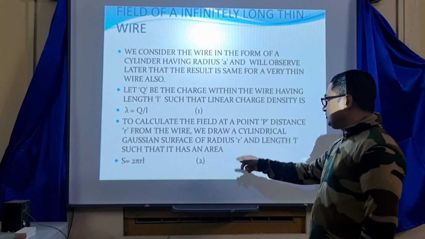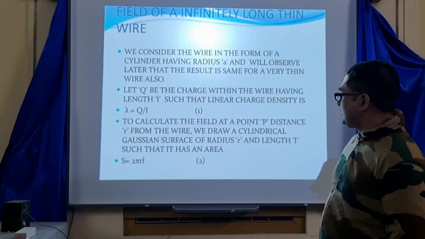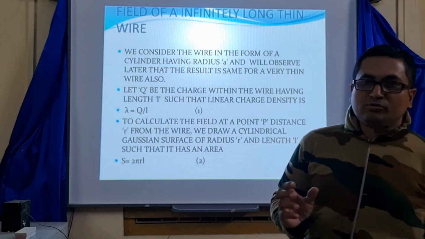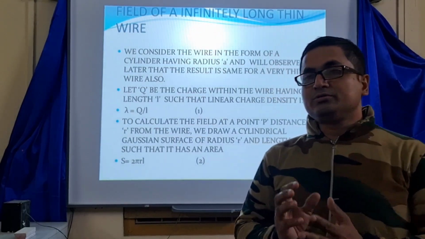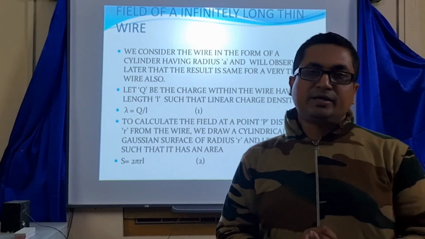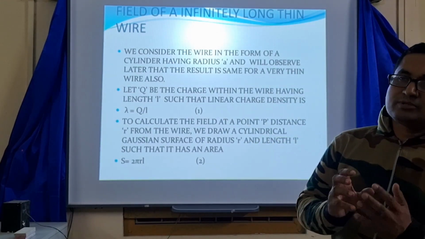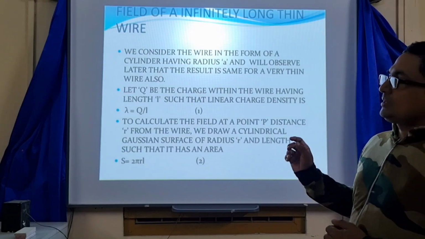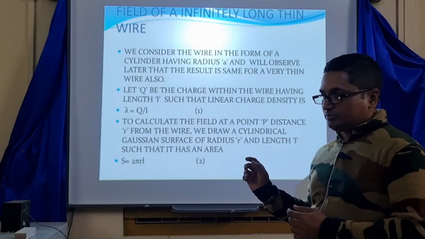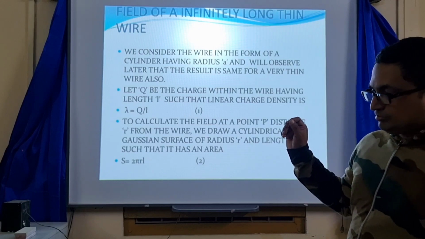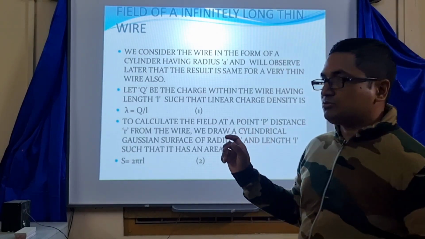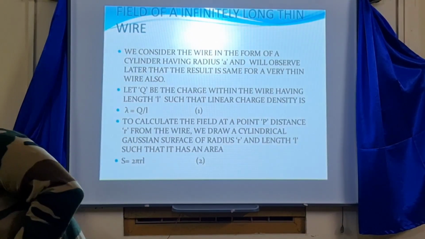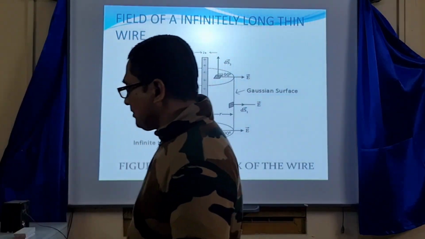The Gaussian surface will have radius r and length L. Whenever we use Gauss law to find a field, we use the Gaussian surface concept, and here we make use of a Gaussian surface passing through the point P, at which we are trying to calculate the electric field. So this is the diagram actually.